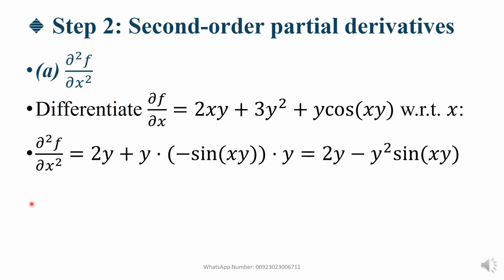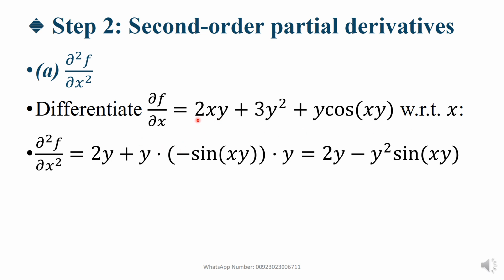Now we find the second order partial derivatives. First, partial squared f upon partial x squared. We differentiate partial f upon partial x, which we already have, again with respect to x.